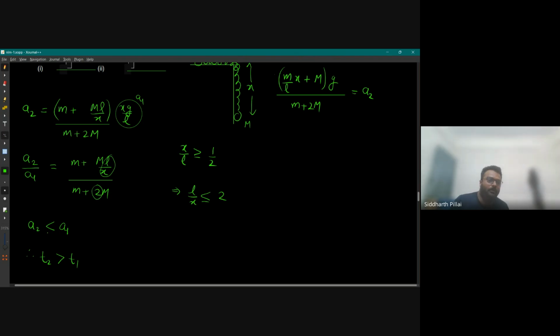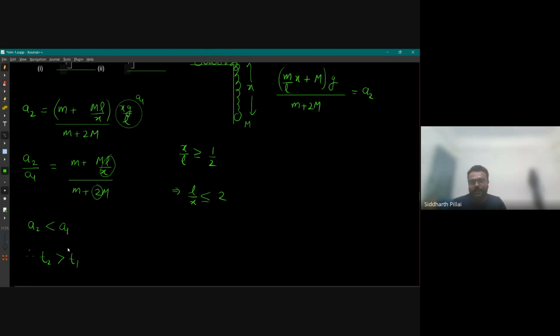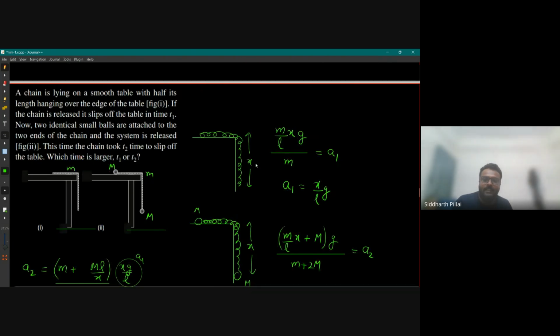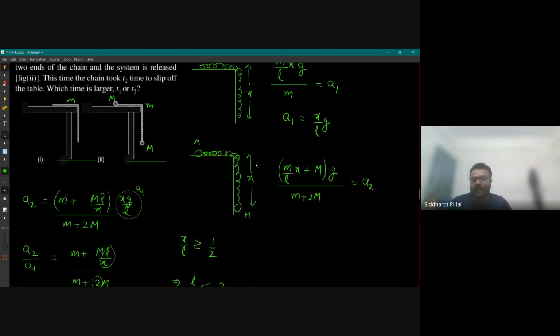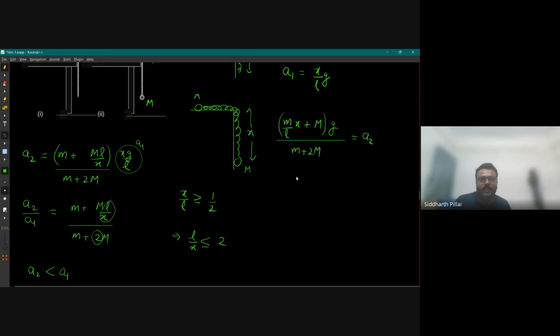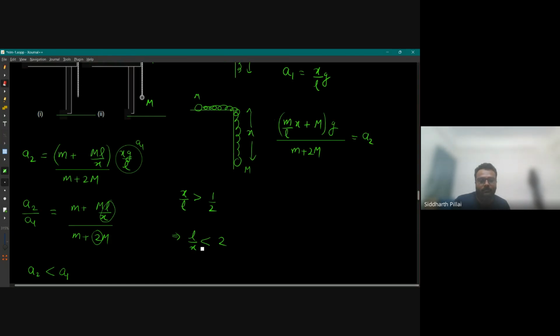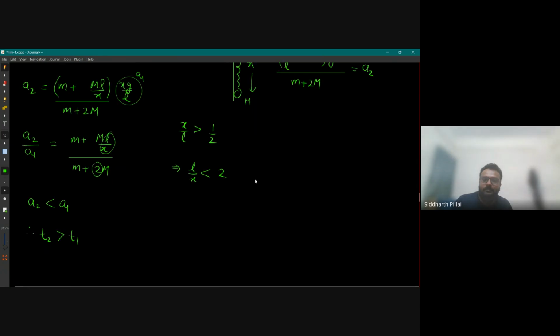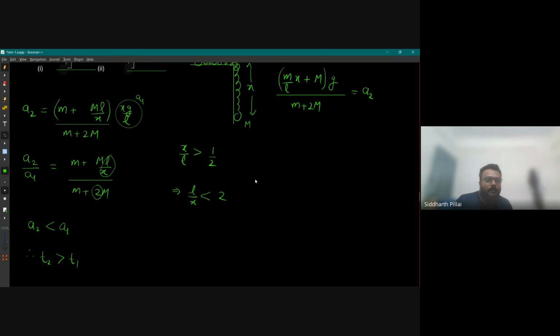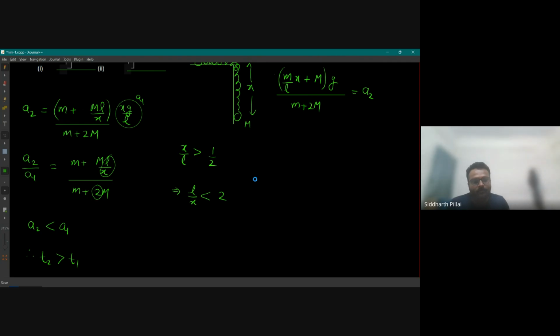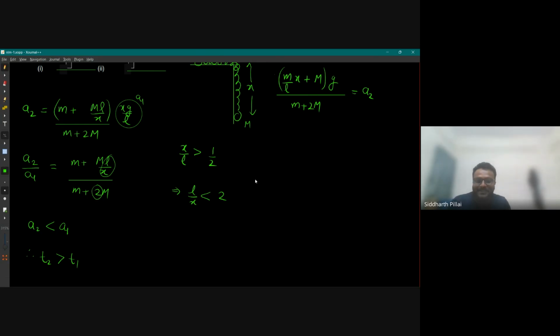We can put equal to, that is equal only in the initial case, but that's not what we want. We want the total time it takes to fall. So after it starts falling, x is always greater than L by 2, so we can ignore the equality sign. Fine.